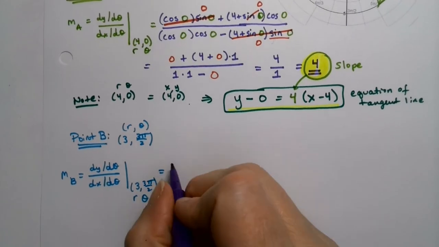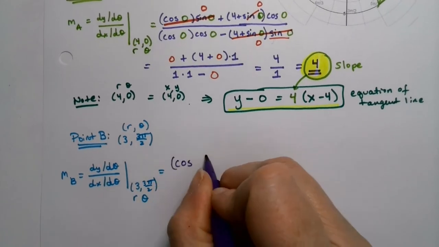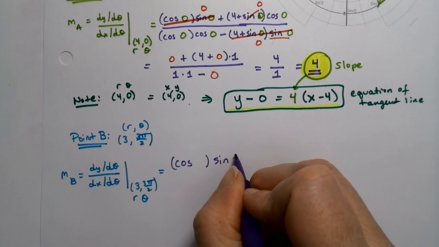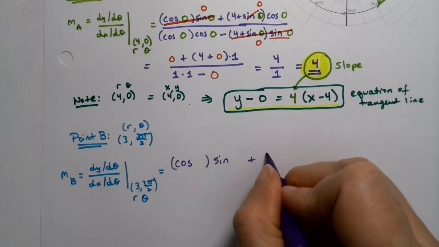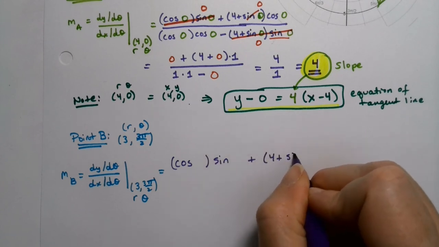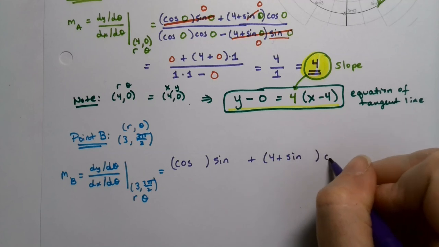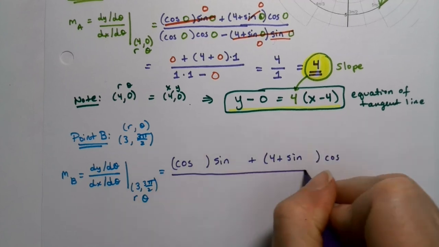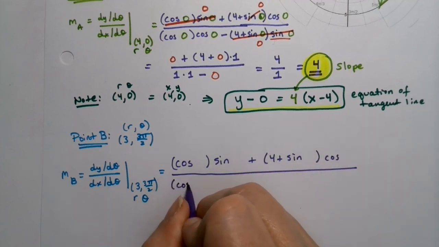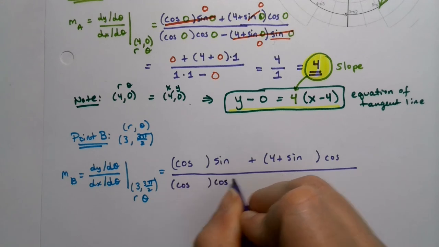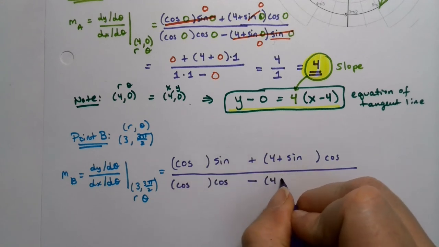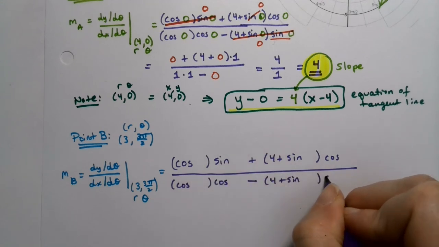So it's going to be cosine, sine, I'm leaving space for writing the angles, 4 plus sine, cosine, cosine, cosine, minus 4 plus sine, and then sine.